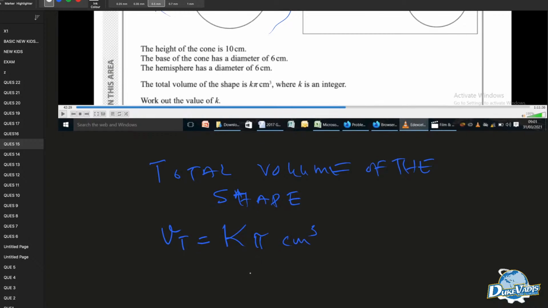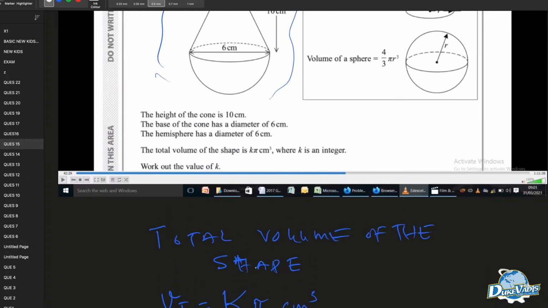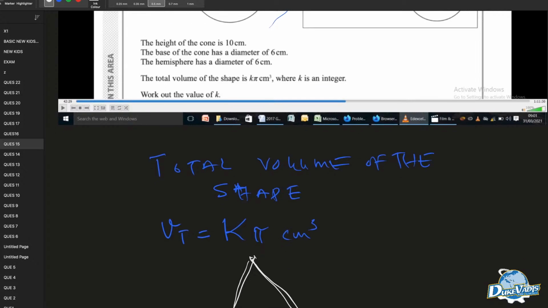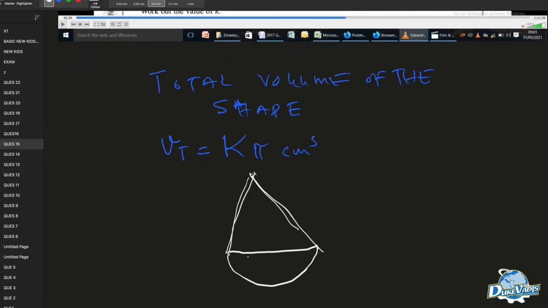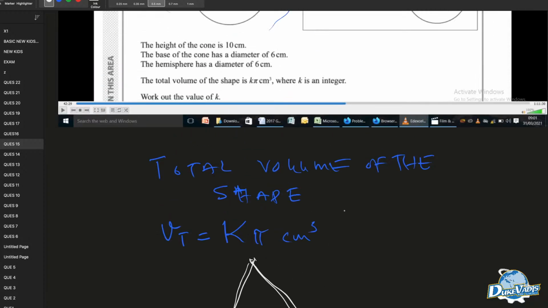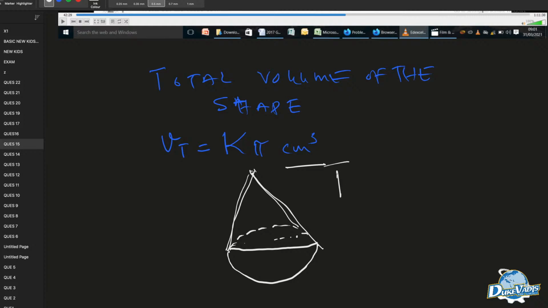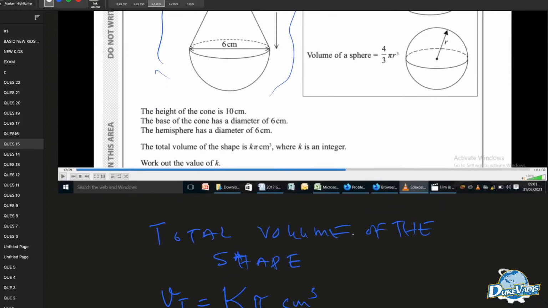The object given to us is a cone sitting on a sphere, like that, with a diameter of 6, and it's got a height of 10 centimeters.